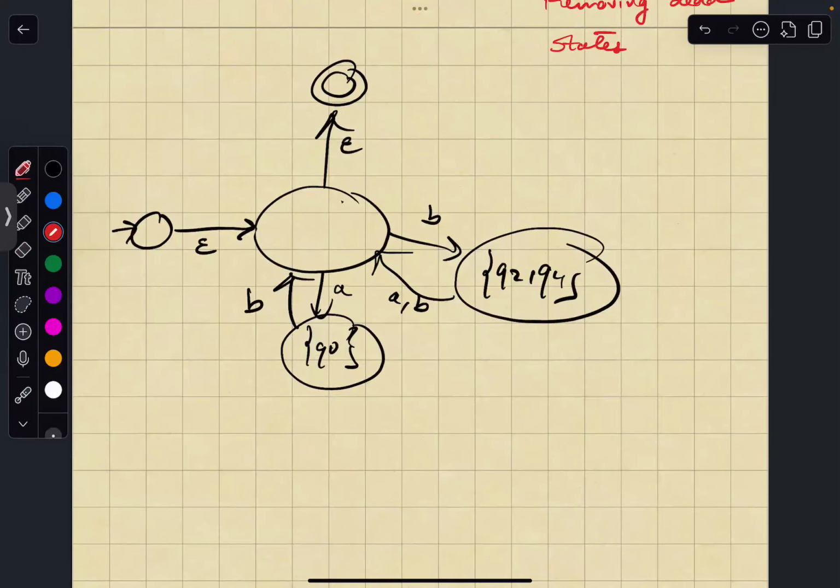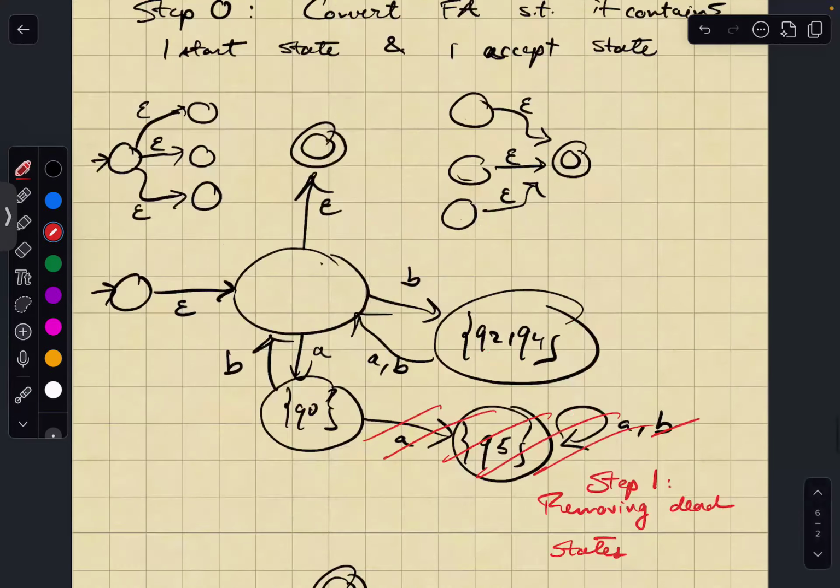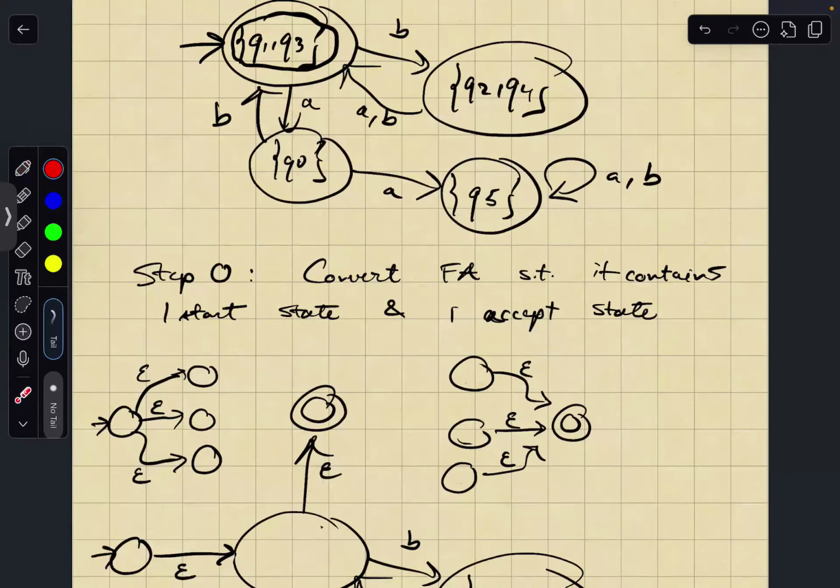Yeah, let me finish. Step 0, I'm just creating a single start state and a single accept state, right? And to do that, if I have multiple start states, then I make a new state and I create epsilon transitions to each start state, right?